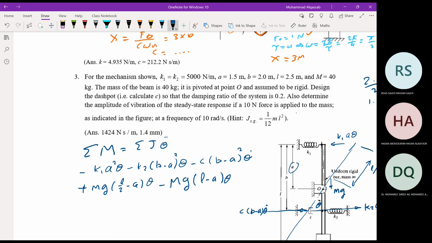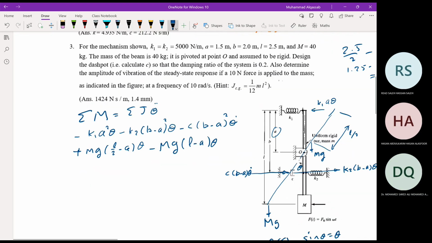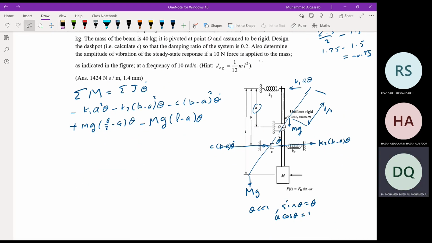So this can be for any A, B, and L, any values. Okay, so those are the sum of the moments of all the forces except the applied force.